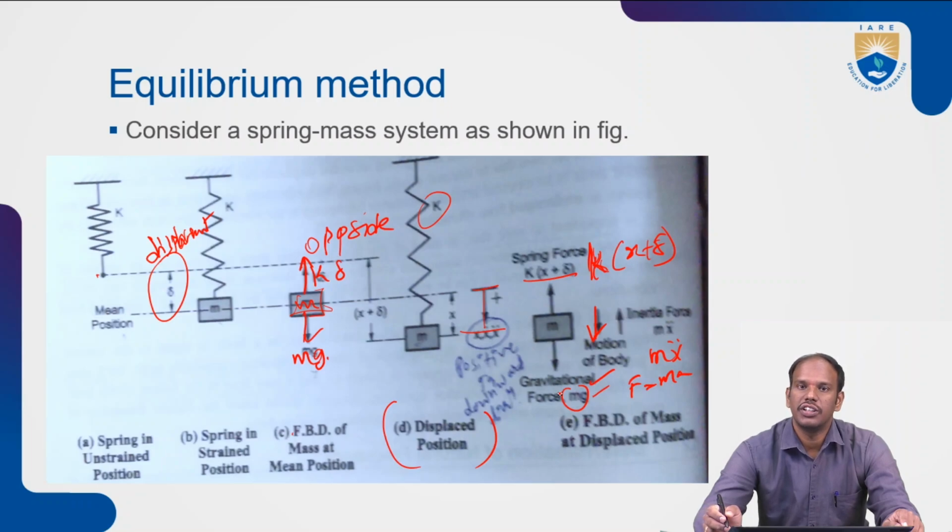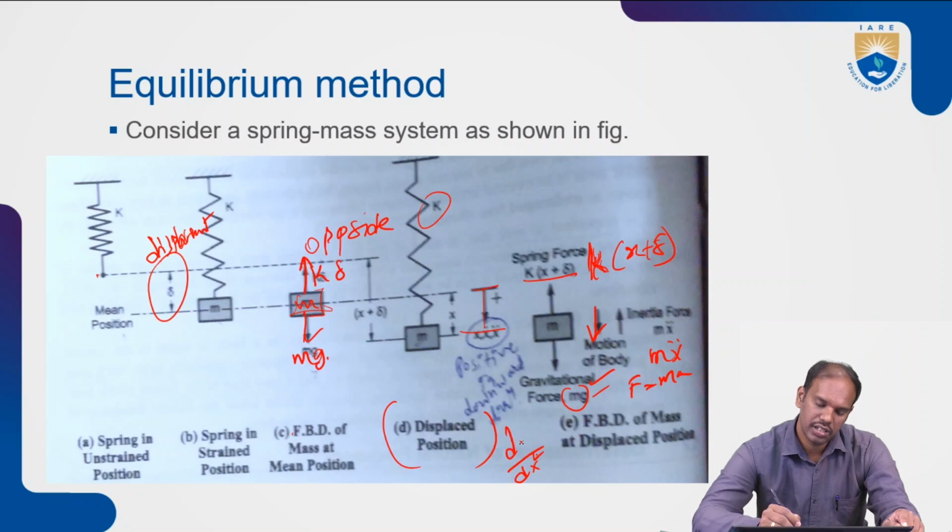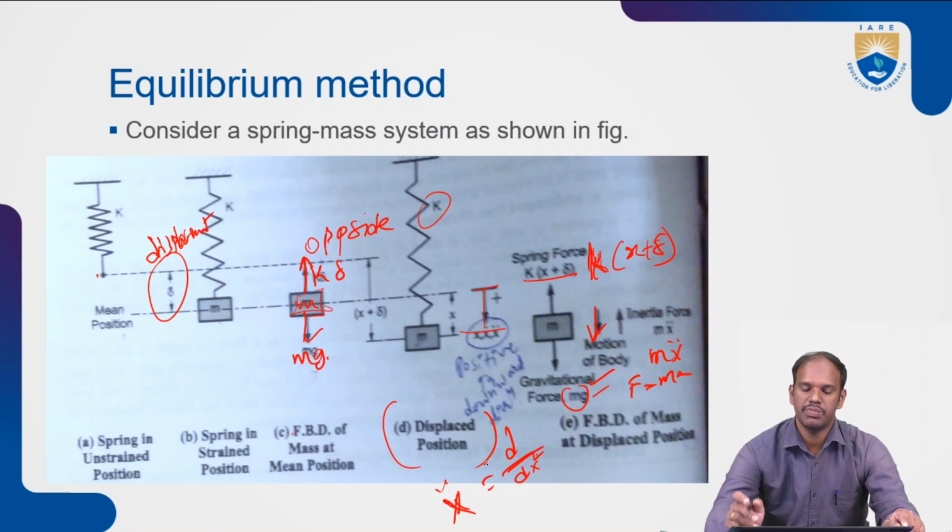The force is mg, m is the mass, and a is the acceleration. Acceleration in terms of x we are calculating. Acceleration in terms of x is d squared x by dt squared. So simply we can write it as x double dash, right? X double dash we have taken in this particular picture.